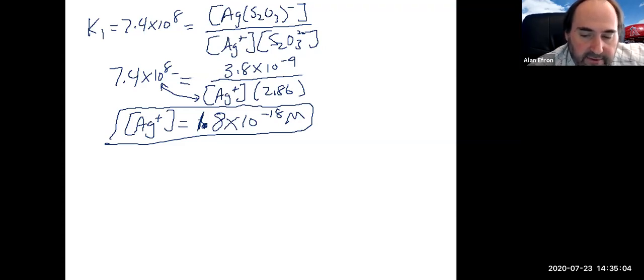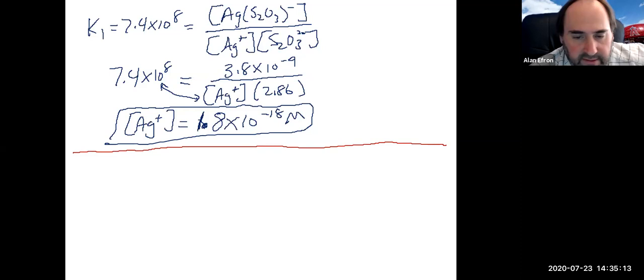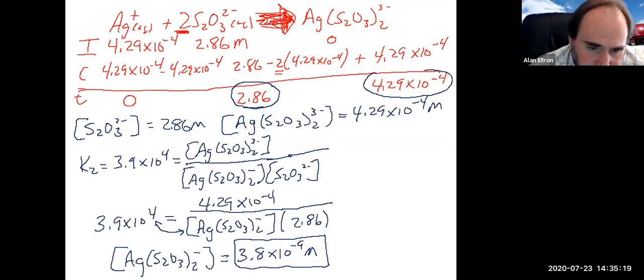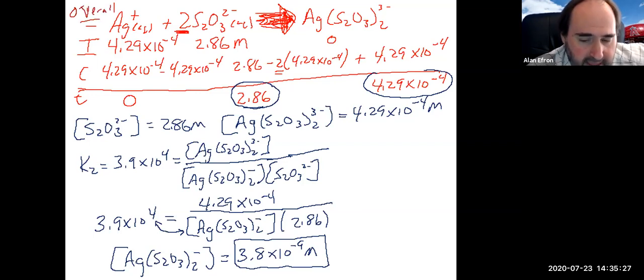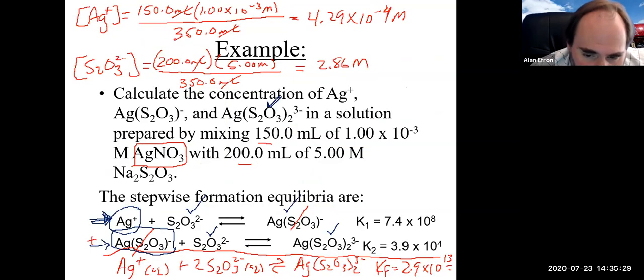Now, I did say that there's a different approach that you can take, and I'm just going to show you the different approach with the silver part of it, to go that path first. So if we go back to our original equation that we wrote here, and again, this was our overall reaction, right? And we did calculate the KF for that, which was 2.9 times 10 to the 13.